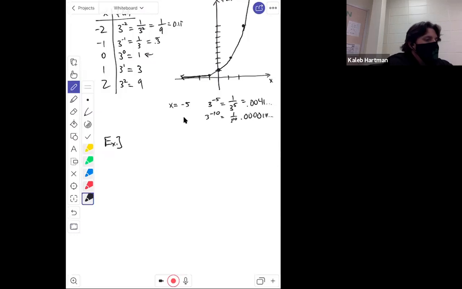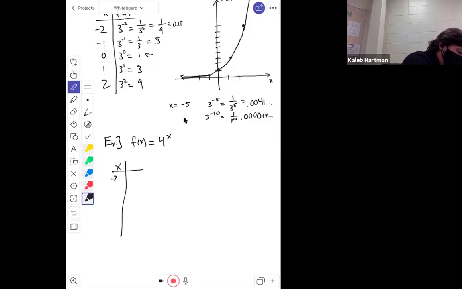So let's do one more example here of a growth function. Let's do a simple growth function without any transformations. Let's go f of x equals 4 to the power of x. And again, when there are no transformations, we're just plugging in -2, -1, 0, 1, and 2.